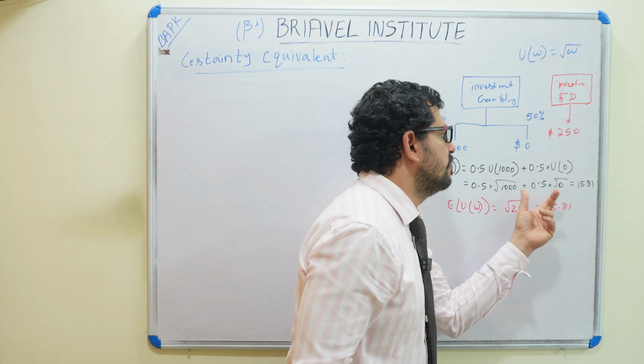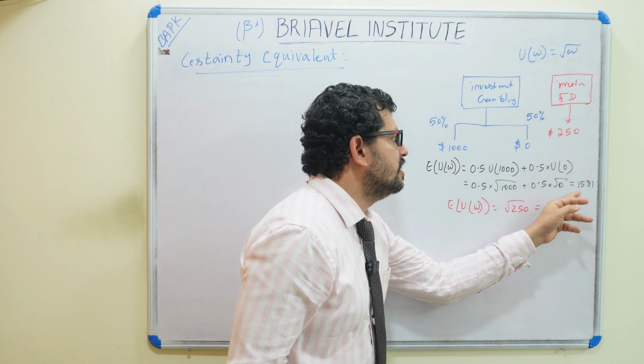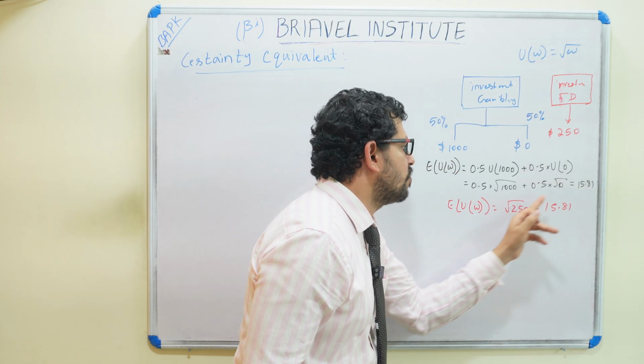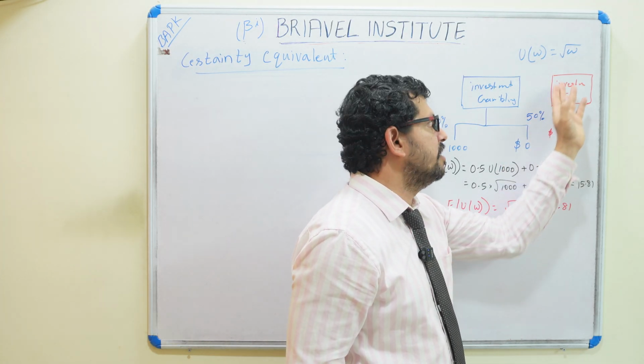My satisfaction, or utility, is measured in terms of a mathematical value. It is 15.81. This one is equal to this deposit, this fixed interest scheme, this guaranteed amount.